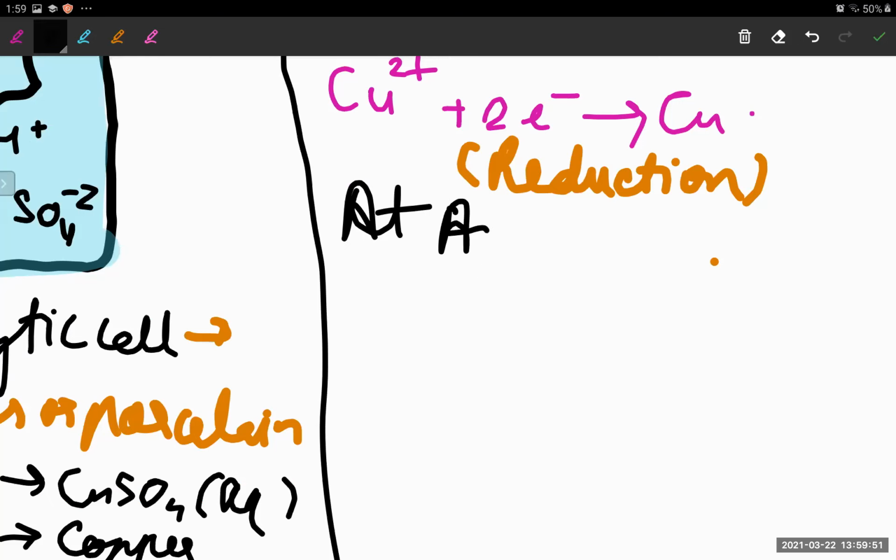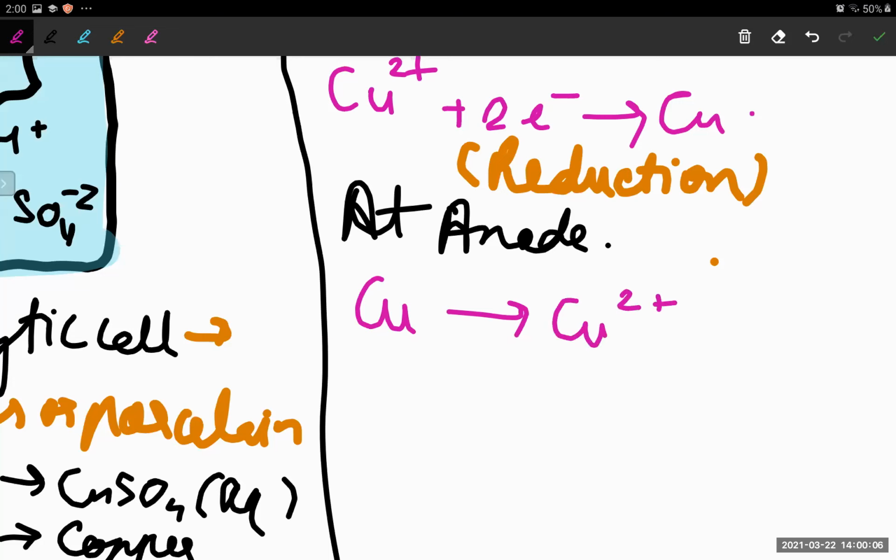Then at the anode, what's happening? At the anode, oxidation happens. This Cu will become Cu2+ again. See, it has become a metal just now.